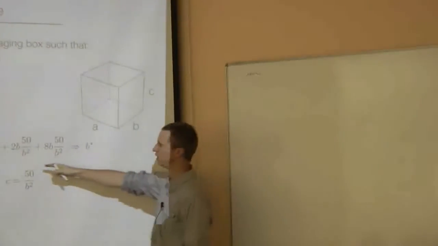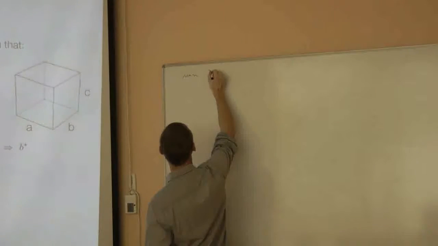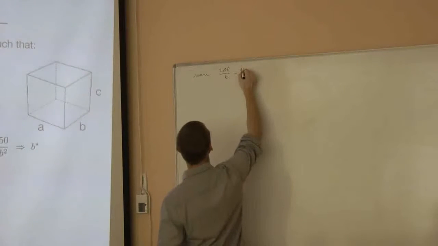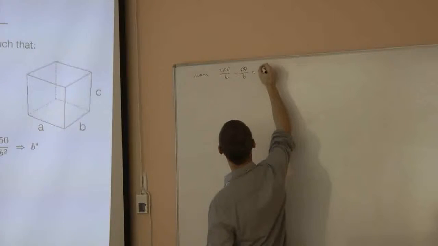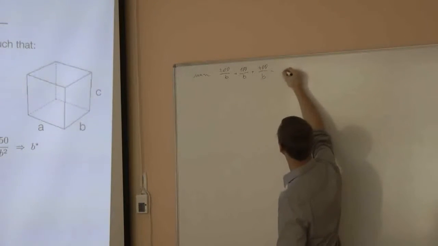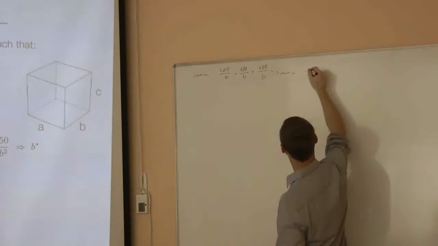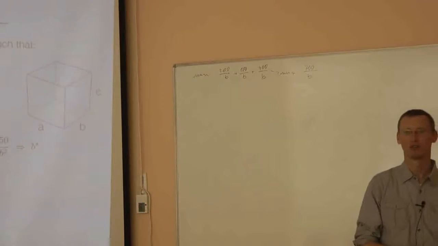Okay, so we have the minimum of, and here we can kick out this term, so that's 4 times 50, that's 200 over B, plus 100 over B, plus 400 over B. Okay? So that's how much? Okay, so that's 700 over B. And we would like to minimize this. So what is the minimal value of 700 over B?